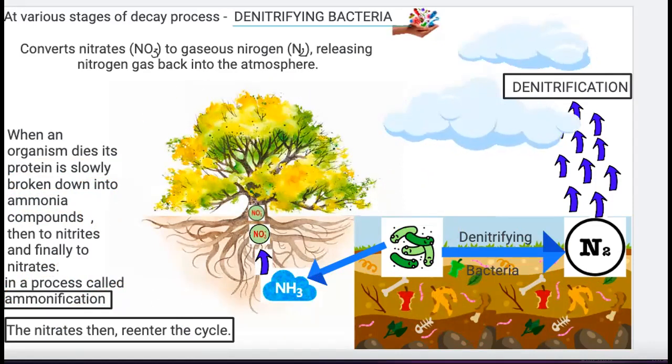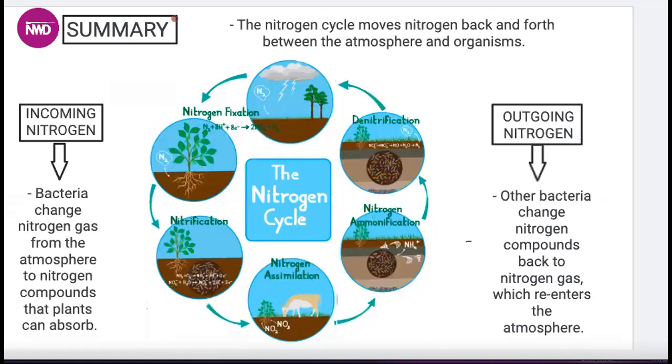Let's summarize what we have studied till now. The atmospheric nitrogen, which is about 78% of the atmosphere, comes to the Earth's surface by lightning, precipitation, etc. When it comes to the soil, there are bacteria present which convert it into ammonium gas in a process called nitrogen fixation.